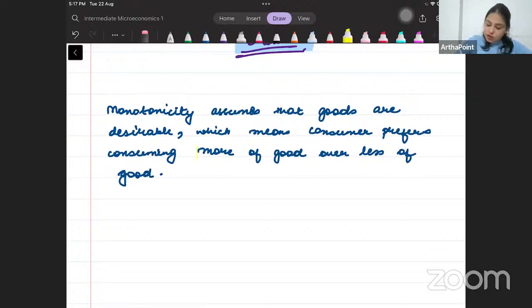This is the definition of monotonicity. More is preferred to less. Matlab, I will prefer if you give me one pizza, but two pizzas are better, but three pizzas are better. So the more you give me, the better it is.